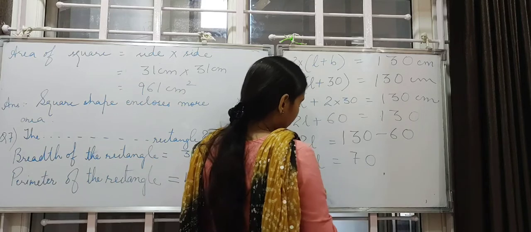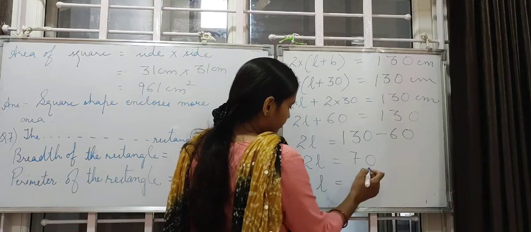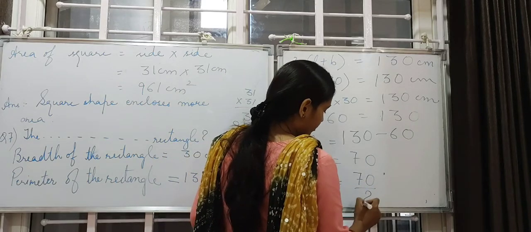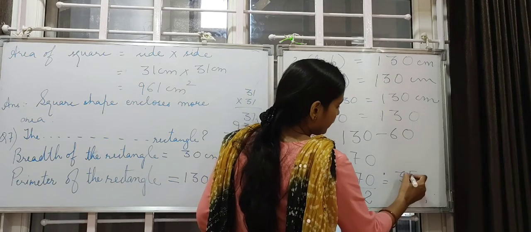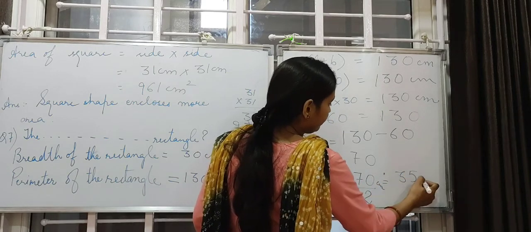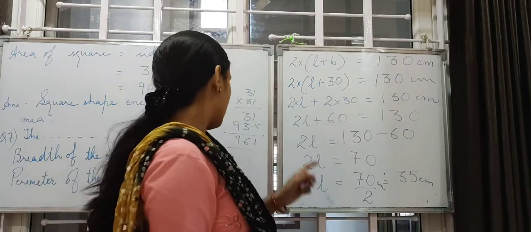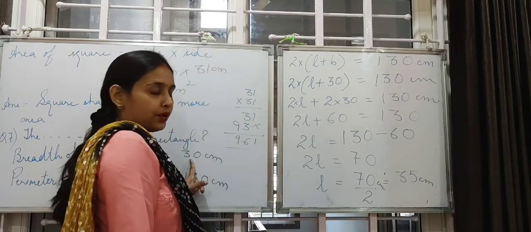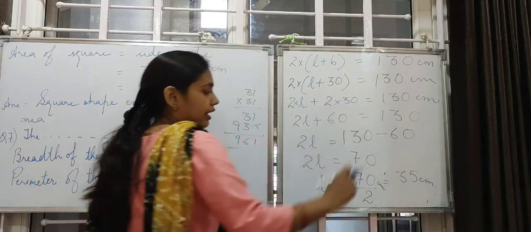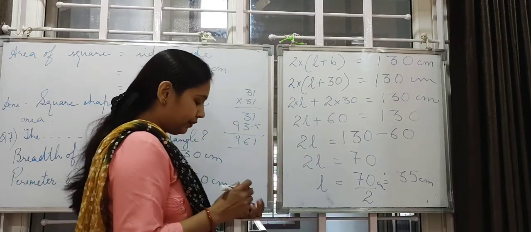This is 70. 2 shifts this side, which gives us half of 70. This is 35 centimeters. Now we know the breadth, we know the length, we will find the area.